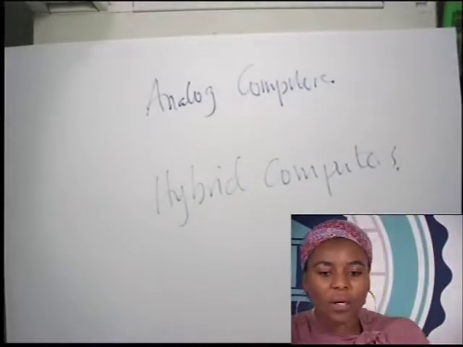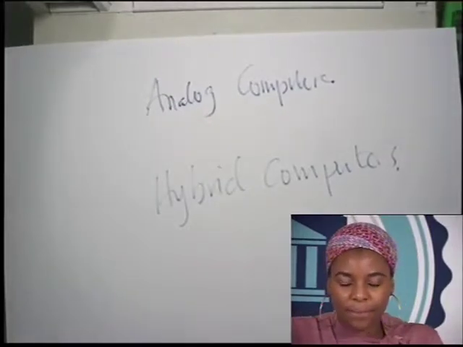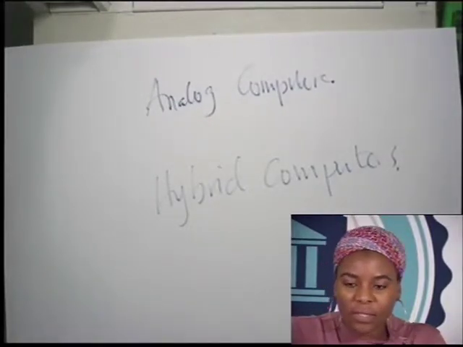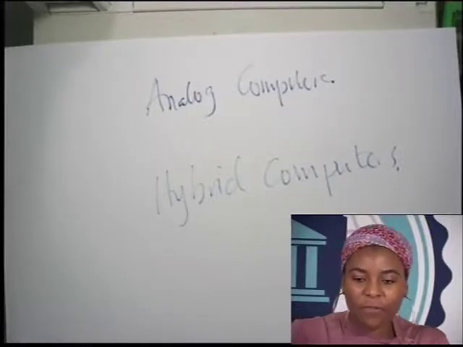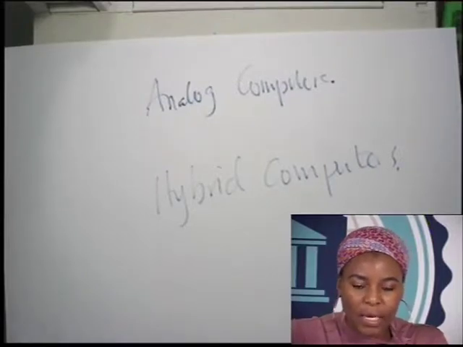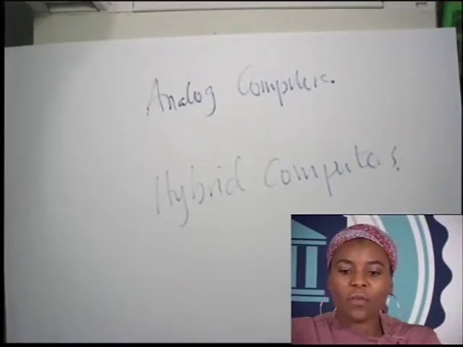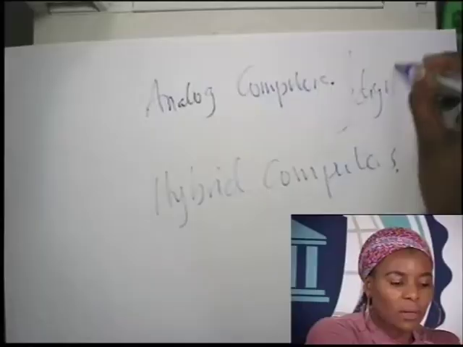Analog computers can perform several mathematical operations simultaneously. They use continuous variables for mathematical operations and utilize mechanical or electrical energy. Basically, it's more on digital.